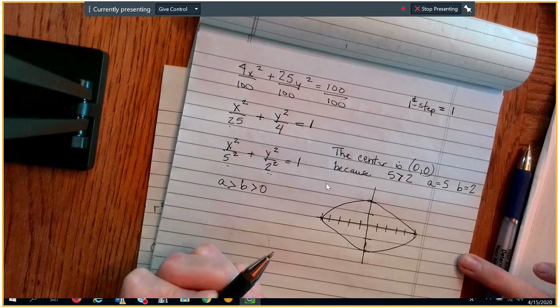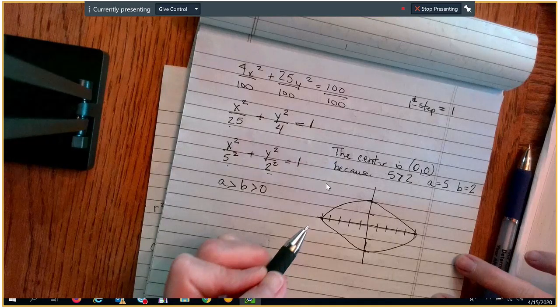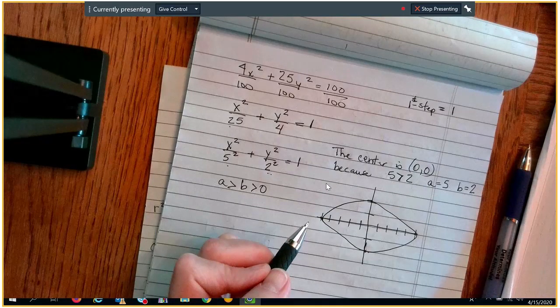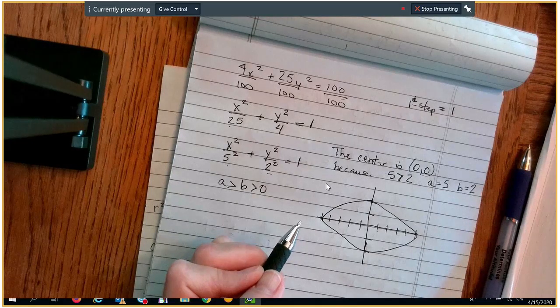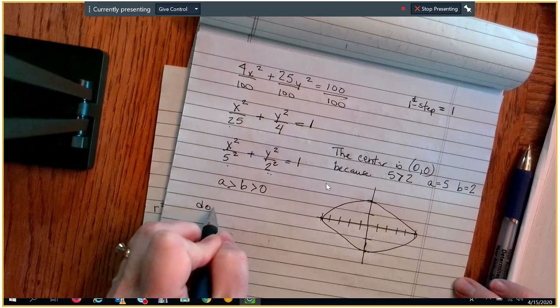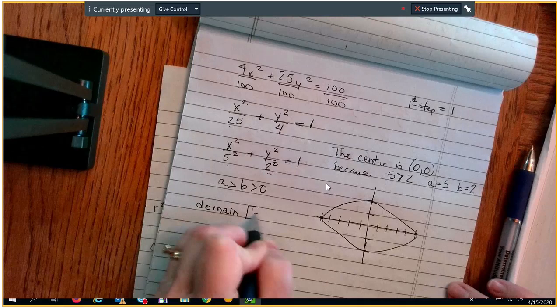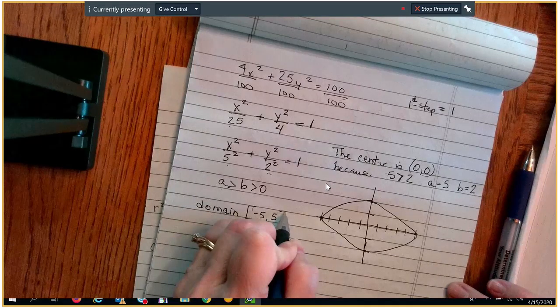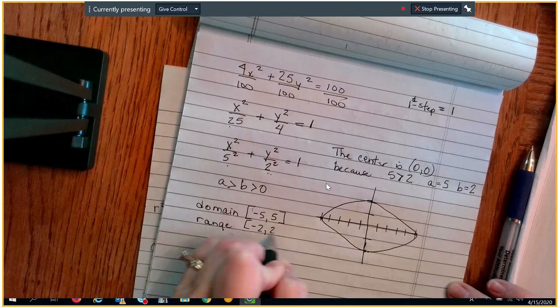So this is the graph of what we have here. So we know the domain is going to be -5 to 5. Our range is going to be from -2 to 2.